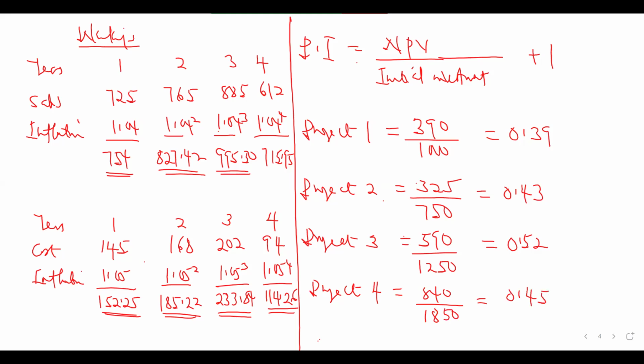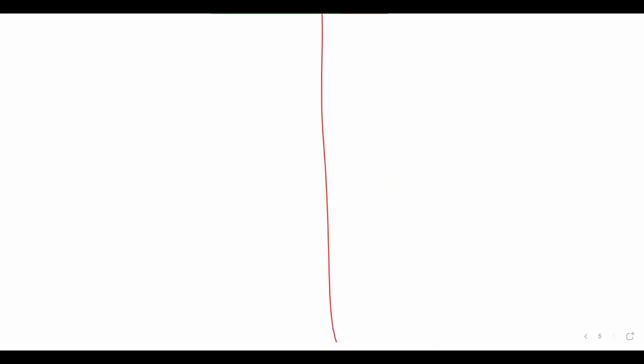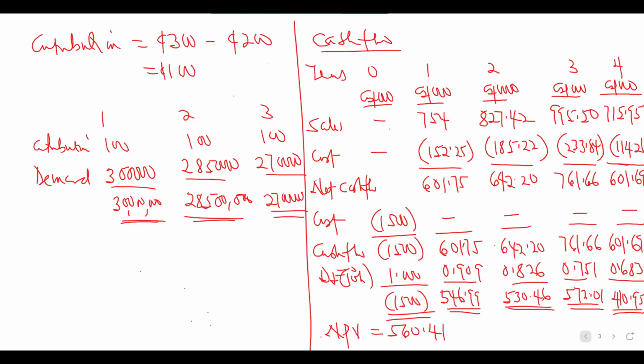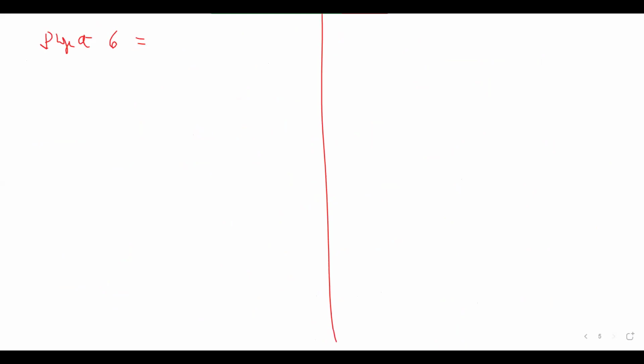Project 5: 635 divided by 1,300. What are we getting? 0.49. Let's come to project 6, which we have calculated ourselves. Yes, about 560.41 divided by 1,500.